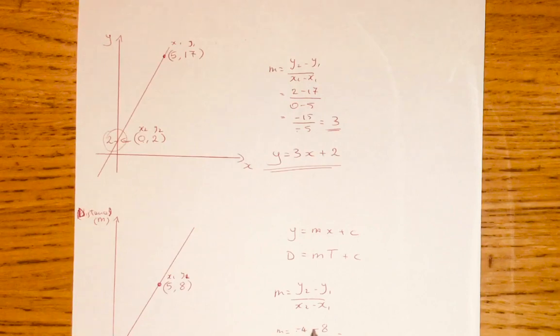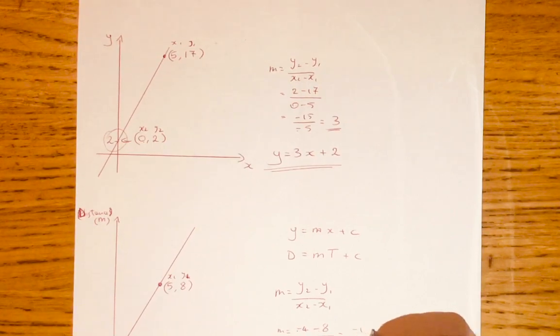So 4 minus 8 is going to be minus 4... minus 12, and minus 1 minus 5 is minus 6. Negative divided by negative is positive. 12 divided by 6 is 2. So the gradient here is 2.